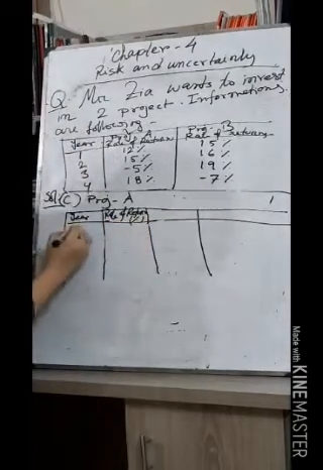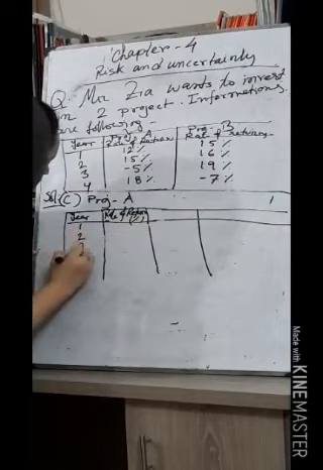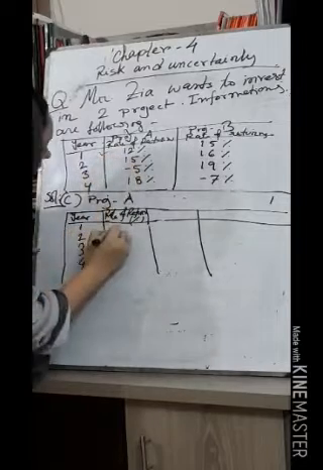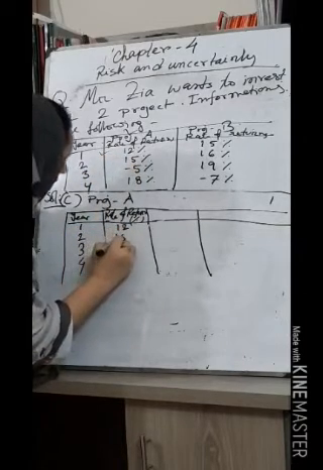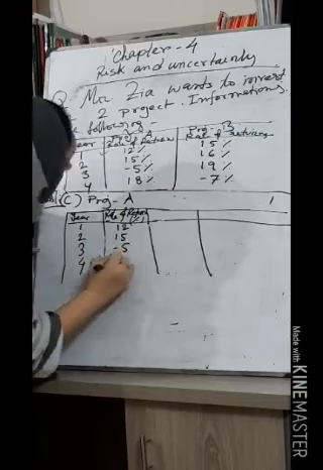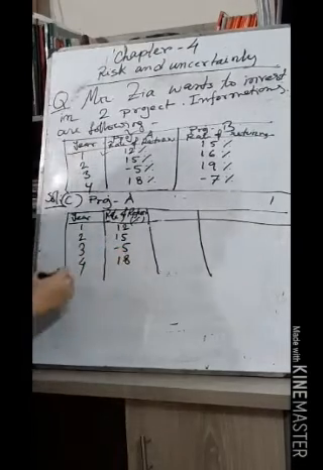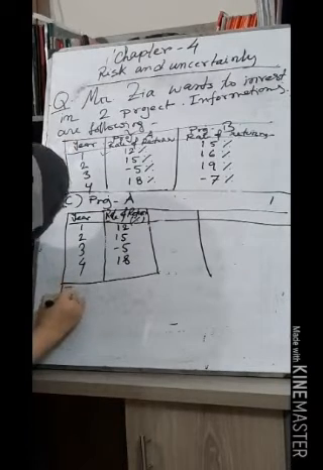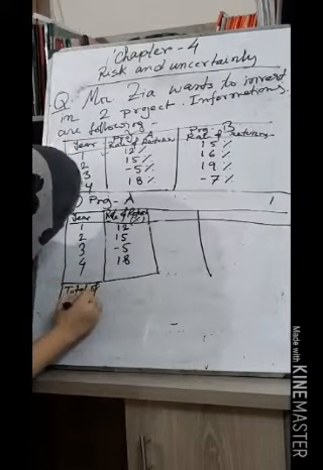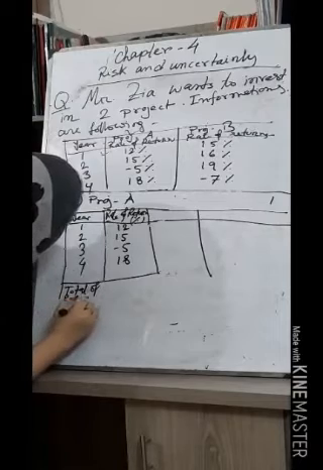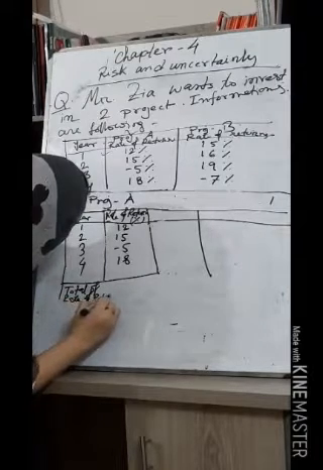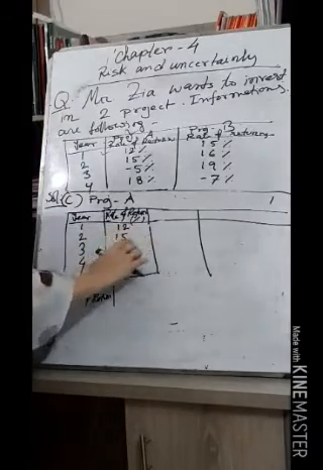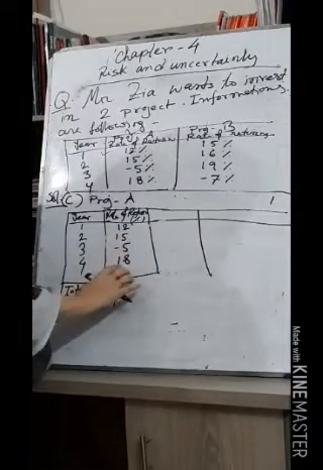That's better. 1, 2, 3 and 4, and the rates of return are here: 12, 15, minus 5 and then 18. This is the total of the rate of return. Total: 12, 15, minus 5, then 18.